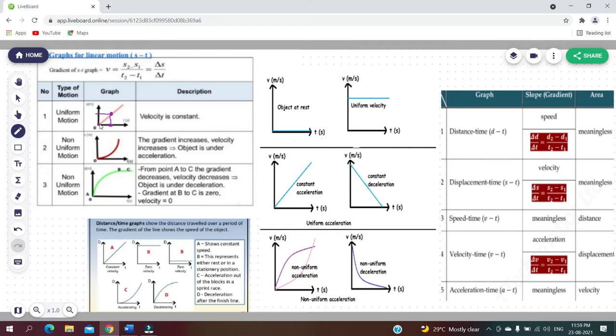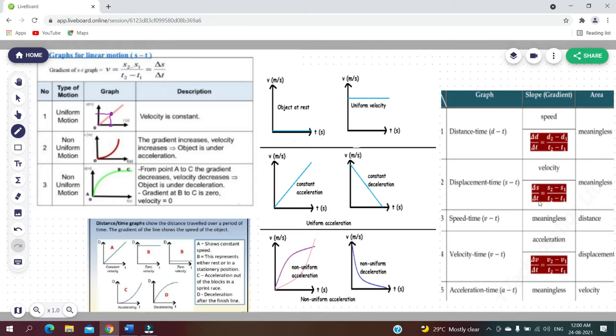Now what about s1 and t1? As we have chosen the origin, s1 will also be 0, t1 will also be 0. This is how, by measuring change in displacement upon change in time, we can find out the velocity of this uniform motion. Okay, so for the distance time graph, its slope indicates the speed.